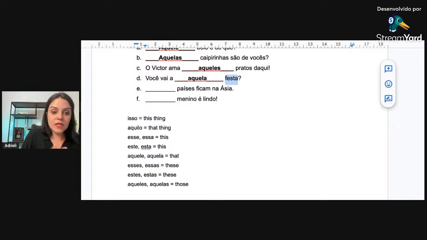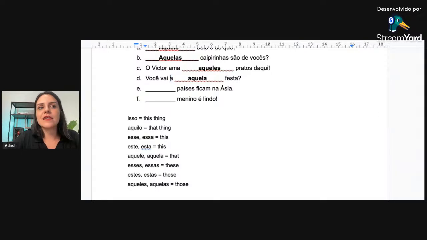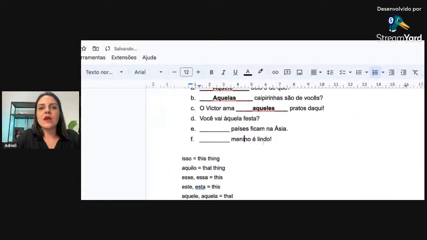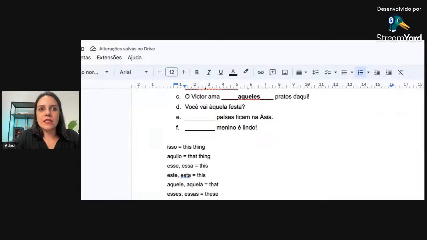But we have a preposition here. Vai a. Go to. Since this is a and it starts with the letter a, we need to connect them, and then we make aquela with this. It's what we call crase, okay? Você vai àquela festa? Right?